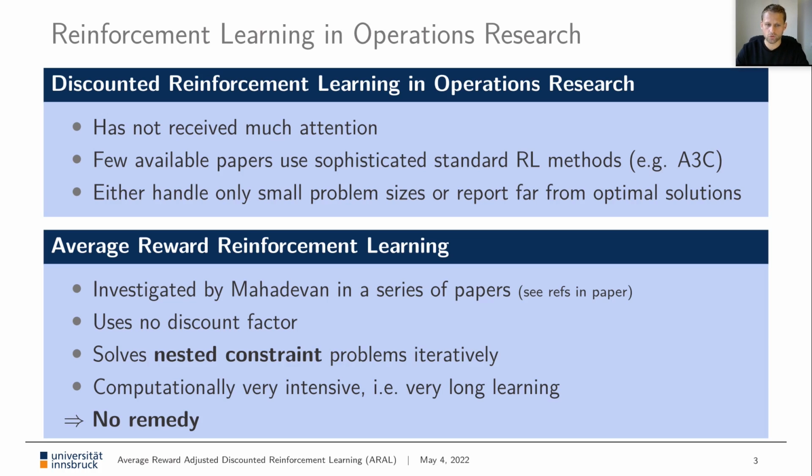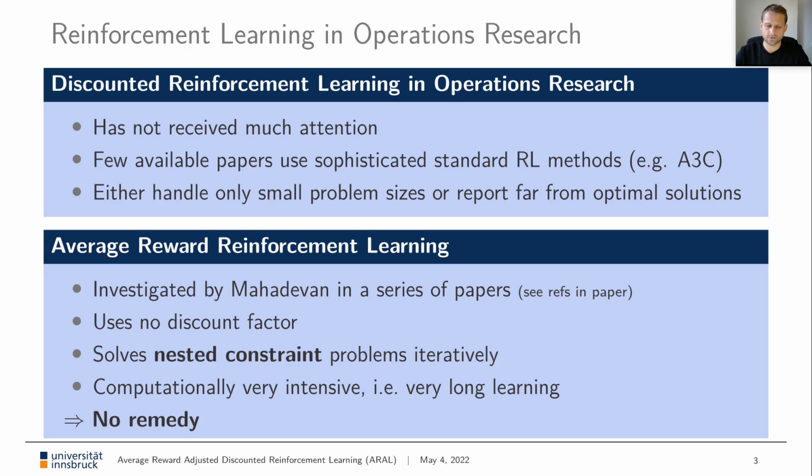A different approach was taken by Mahadevan, who in a series of papers investigated average reward reinforcement learning. In average reward reinforcement learning, no discount factor is used, but rather nested constraint problems are solved iteratively.